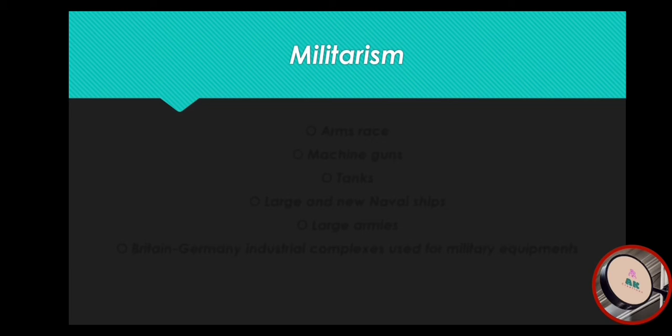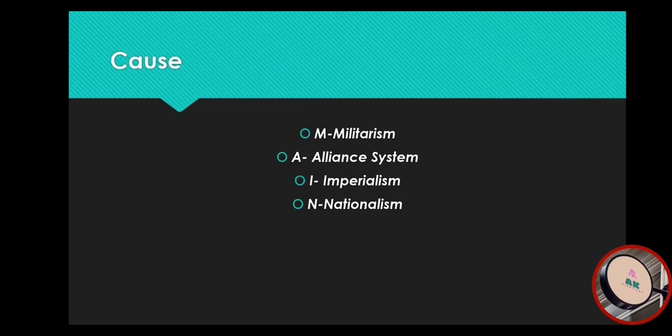One thing you have to remember, Austria-Hungary was involved, and the Ottoman Empire is now known as Turkey. Then alliance is very important here, the secret treaties. I just told you about these four: militarism, alliance, imperialism, and nationalism. Let's have a look at them.